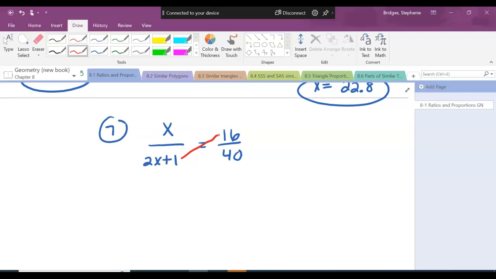And the best way to set this up so that we don't forget that is to put 16 and then put that 2x plus 1 in parentheses so that we don't forget to distribute. Okay, so anytime your proportion has multiple parts to it, you want to multiply, but put parentheses around those multiple parts. And then we're going to do the other diagonal. What is 40 times x? 40x, okay?